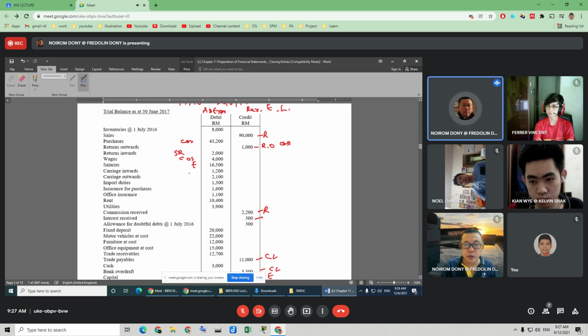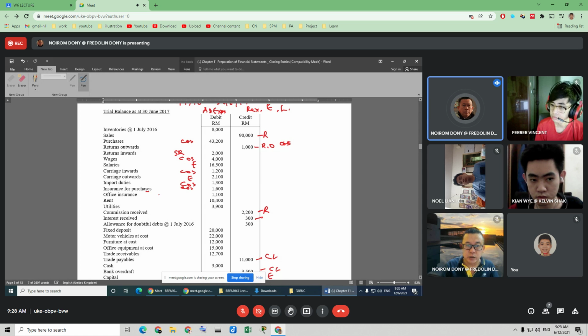Carriage inward, cost of sales. Carriage outward, expenses. Import duty, cost of sales. So you have to use your judgment. Some of the expenses that you feel are related to making the purchases, you put under cost of sales, like insurance for purchases. This is cost of sales because of this word purchases.